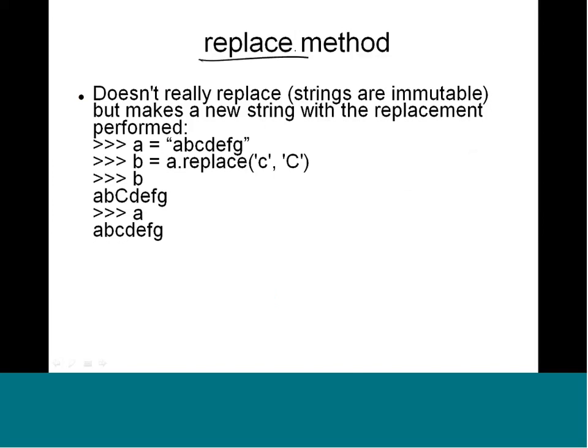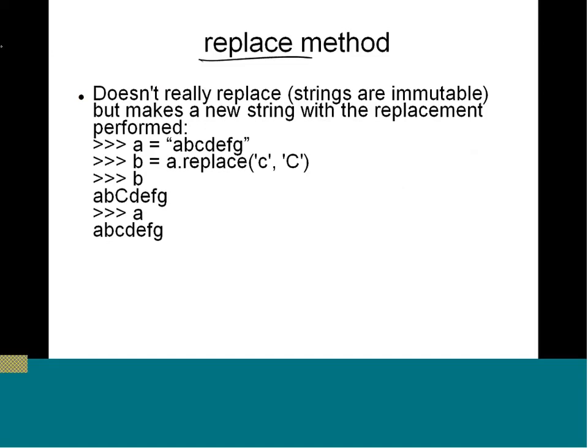So we also have another method called replace. It really doesn't replace. Again, go back to our first principle, which is strings are immutable, but it makes new strings with the replacement performed. So here is an example.